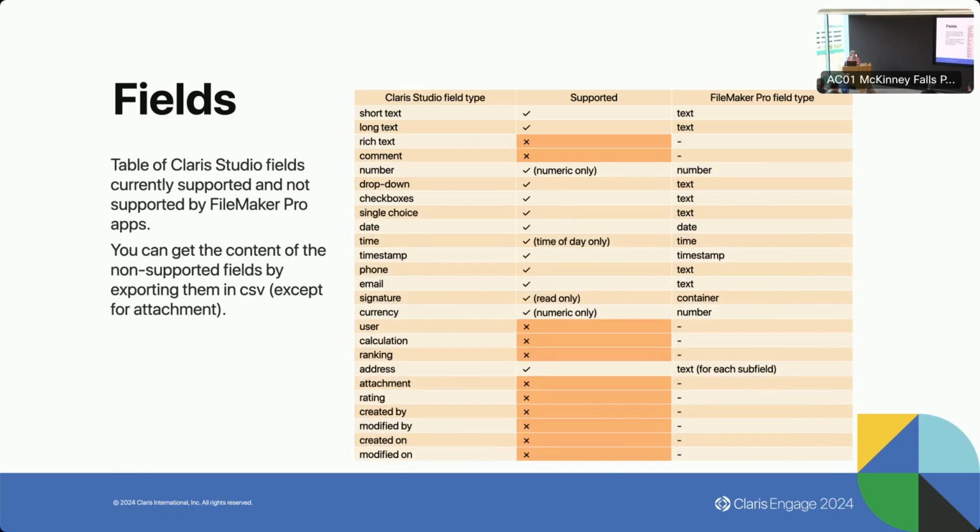If they are not supported, you can get the content by downloading the data and importing it directly in FileMaker, because for each record there's always an ID in Claris Studio, so you can make the link with the ID. There's just the attachment fields that you can't get.